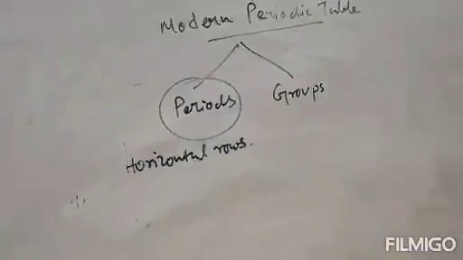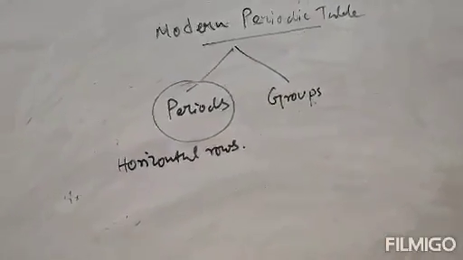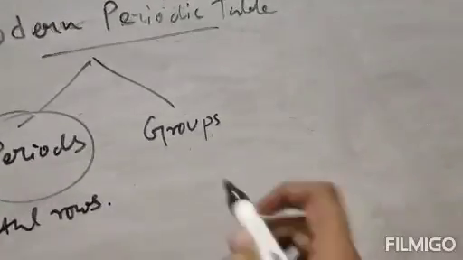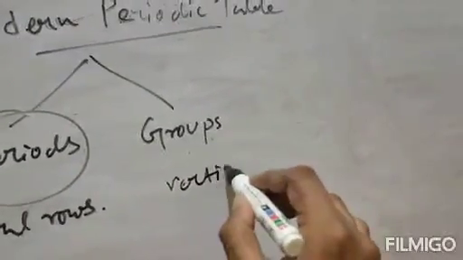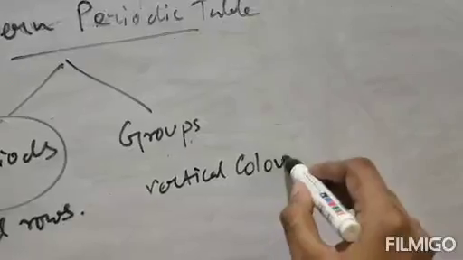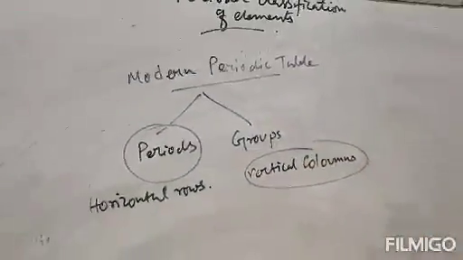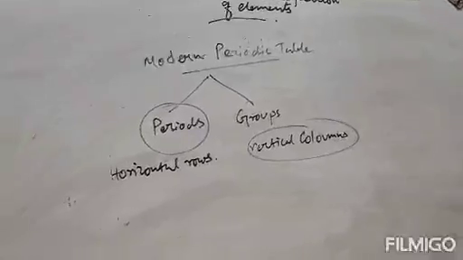They are arranged horizontally, so the horizontal rows are termed as periods. And talking about groups, they are vertical columns. The vertical columns in the periodic table are termed as groups.